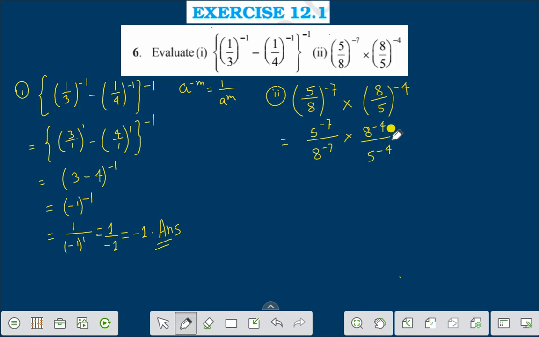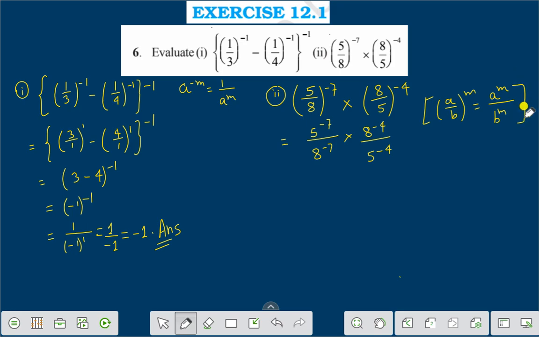Right? Here we have applied the formula, that is (a by b) to the power m is equal to a to the power m by b to the power m.